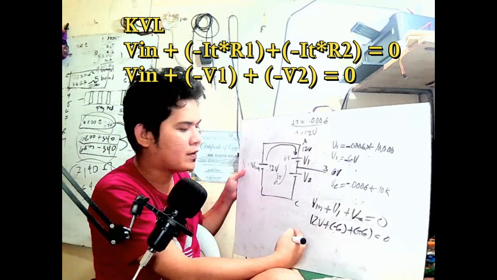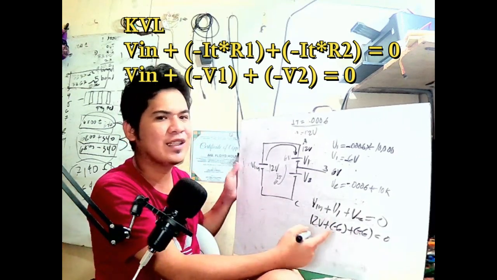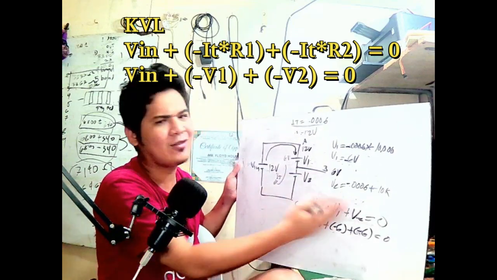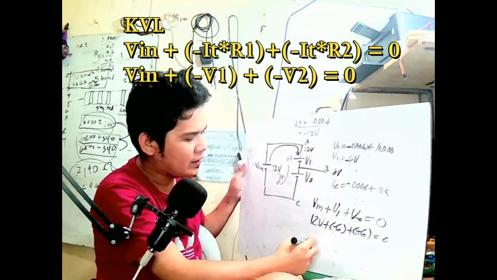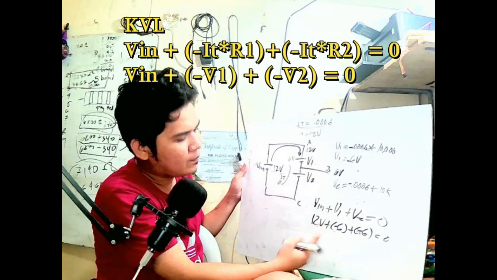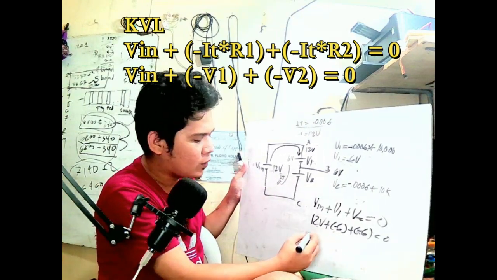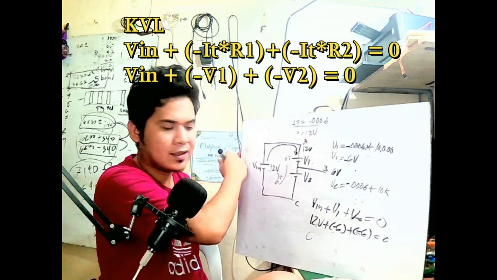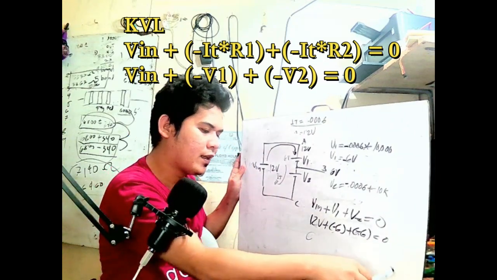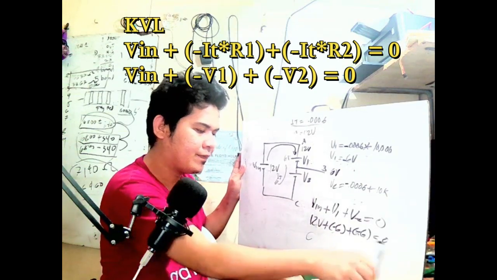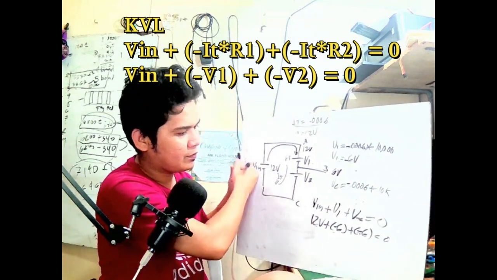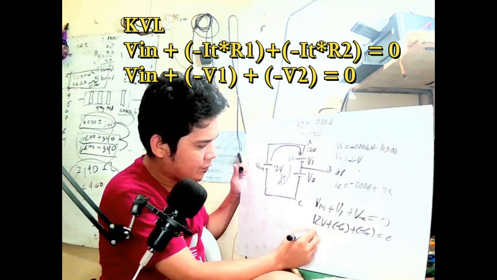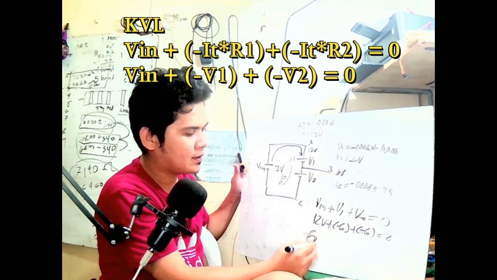Since same operation lang naman sila, we do from left to right. Iisa lang yung sagot niyan. Okay, so we have 12 plus negative 6 is equals to what? 6. Right? We have 6 volts.